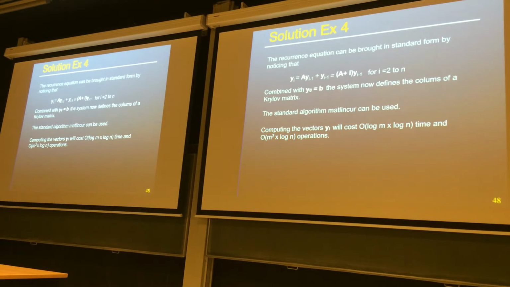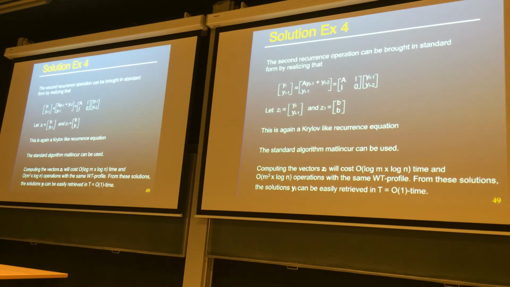The second one is somewhat more involved and requires a simple trick to extend your original set of equations, now not to vectors y_i, but to systems of vectors of combinations of y_i terms. So, for example, I had the original equation y_i equals A y_{i-1} plus y_{i-2}.